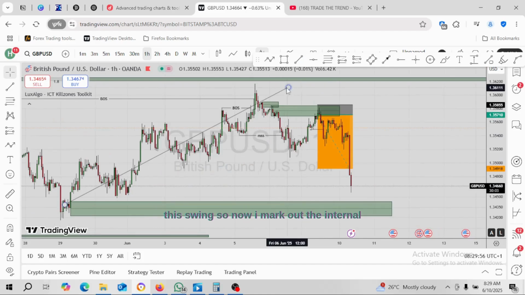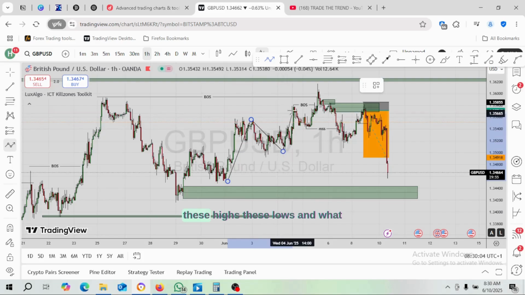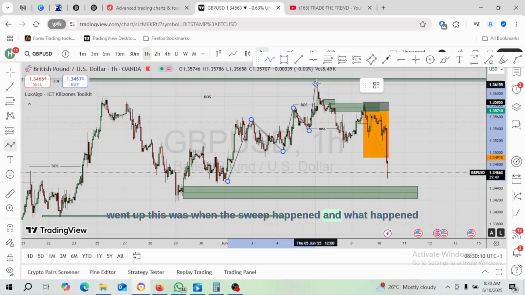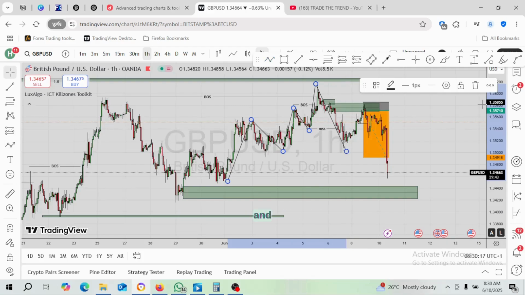So now I mark out the internal 4 hour swing structure. You can see we were having these highs, these lows, these highs, these lows, and what happened? Price went up. This was when the sweep happened, and what happened? We changed structure to the downside, guys.